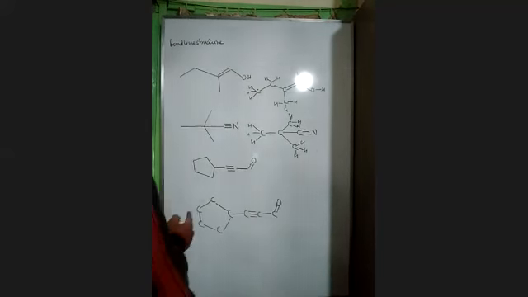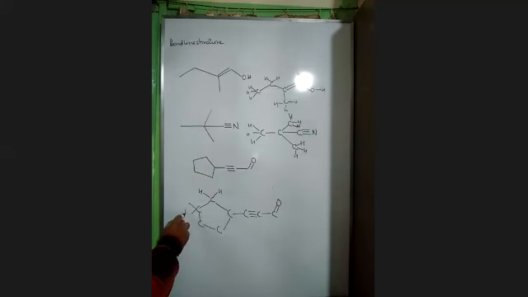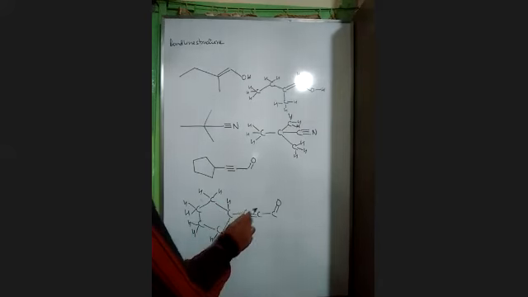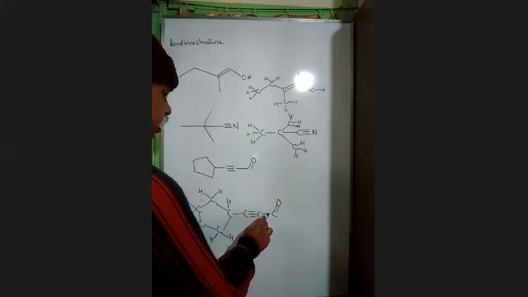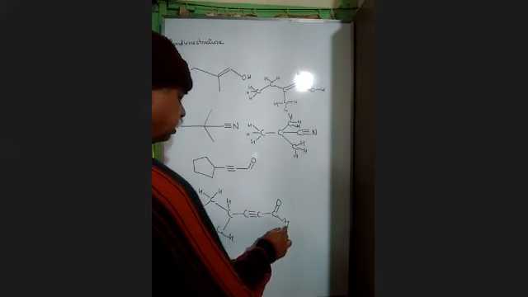So here, 1, 2. Here will be 2. Here also it will be 2. Here also it will be 2. Here also it will be 2. Okay? Now 1, 2, 3, 4, nothing. 1, 2, 3, 4, nothing. See, 1, 2, 3. 4 minus 3 is 1. So it will be H.